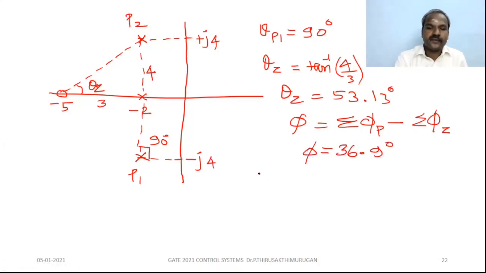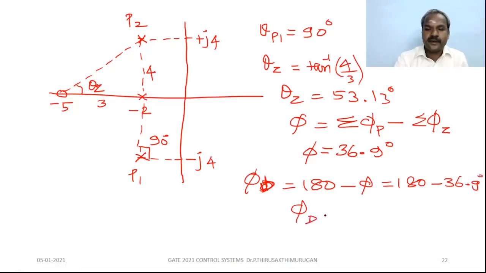So what is the formula for angle of departure? Angle of departure equal to 180 minus phi, so that is equal to 180 minus 36.9 degrees. So please tell me the angle of departure value, my dear student friends. This is the calculated angle of departure for one pole, right?